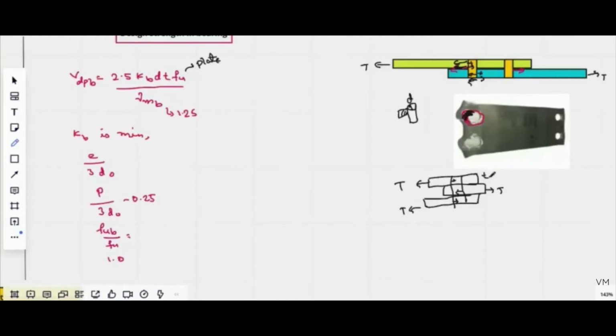Let us assume the thickness here is T1, the thickness of this plate is T2, and the thickness of this plate is T3. Now we have to see in what direction the bearing is applied.